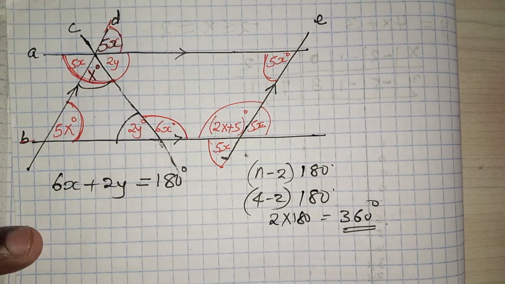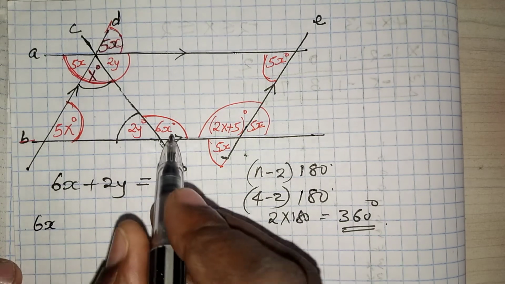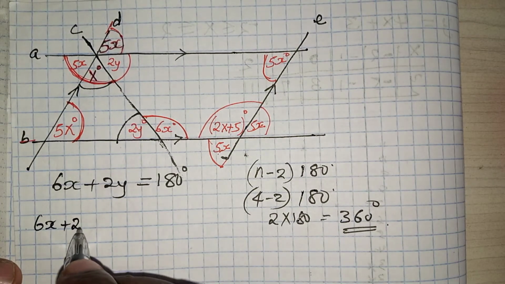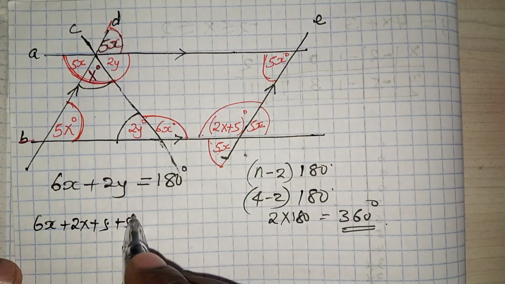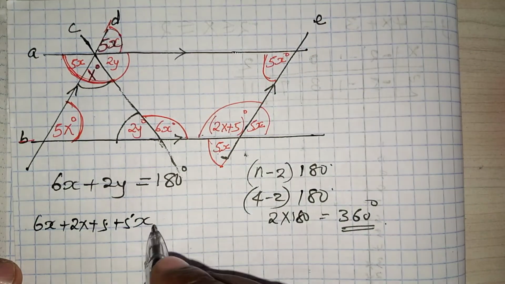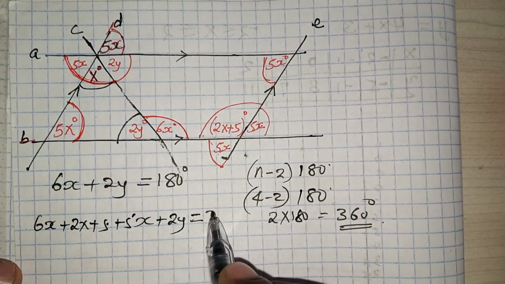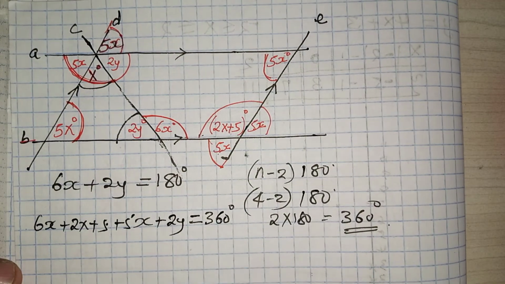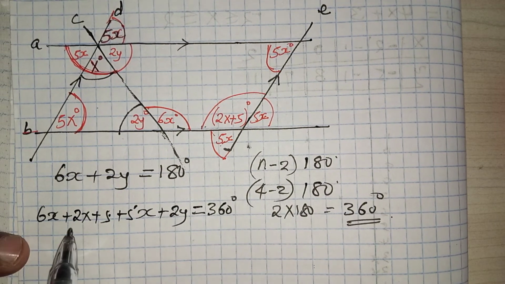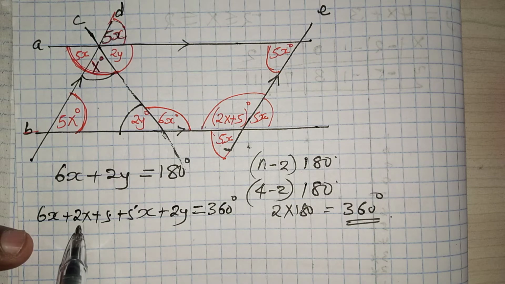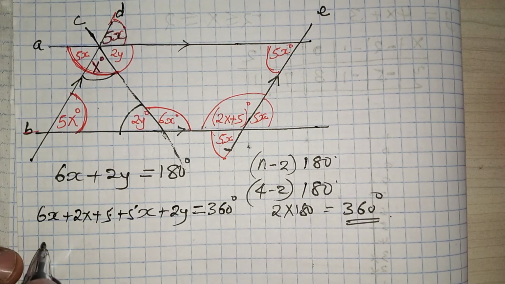So therefore, what are we saying? We are saying that 6x, this one, plus 2x plus 5, that angle, plus 5x, that angle, plus 2y, this angle, all this should give us 360 degrees. Now, collecting the like terms, 6x plus 2x is 8x, plus 5x is 13x.